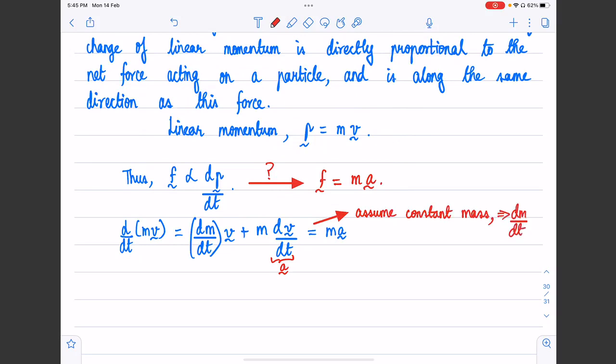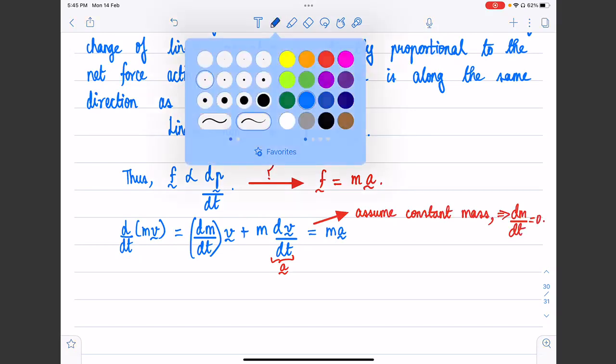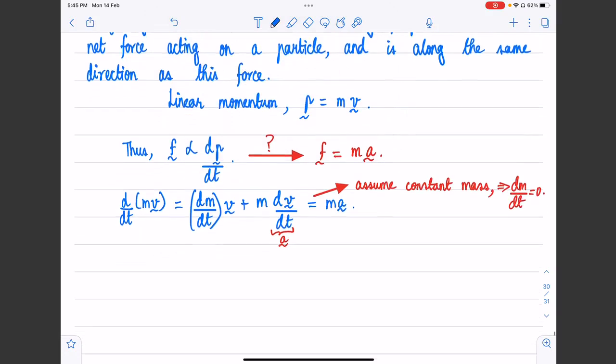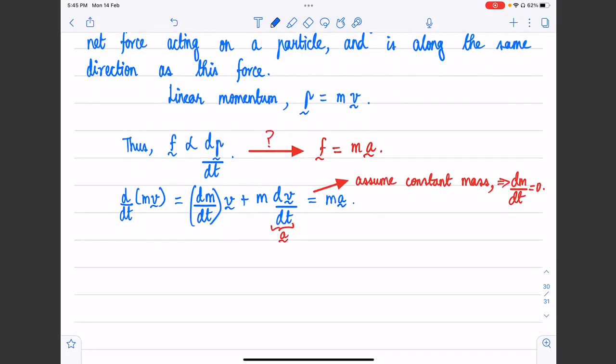Then we get the time derivative of the linear momentum to be m times a. That's fine. Okay, that is one step. So you can immediately see that we can't use F equals ma everywhere, right? We can only use it when we have a constant mass.